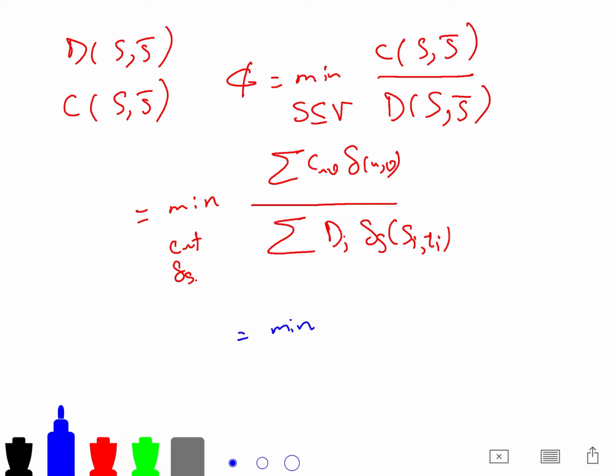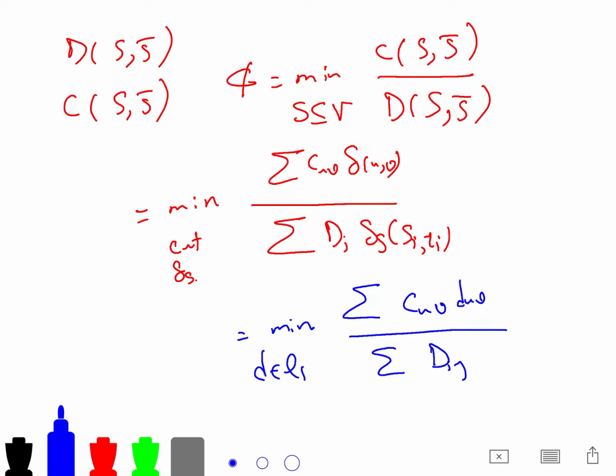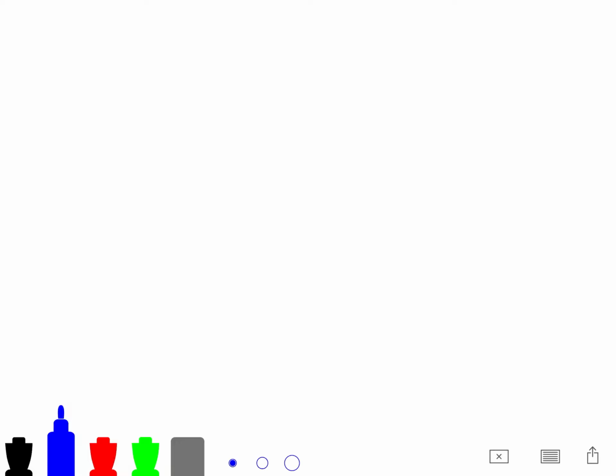And this is a minimum of, now D is in L1, so it's an L1 metric, CUV DUV over DIJ, the distance between SI and TI. So unit demands relate to the traditional problem. When we have a unit demand, it's like the traditional sparsest cut problem.